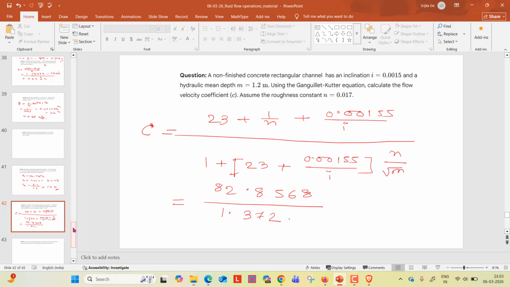So now C is coming as 60.348. This is just a mathematical calculation. Nothing, you don't need to use your brain. Next.